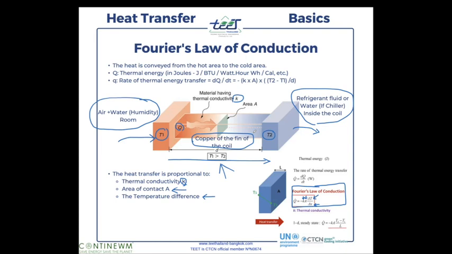If the distance is big, if you have a very thick wall, if you have a wall of your house, for example, that is like 1 meter wide, it will take more time for the heat to come inside your home than if it is just like a 10 centimeter wide brick wall. So that is all simple things that are expressed with the Fourier's law, but it's good to have in mind that it is proportional specifically to the thermal conductivity, which is good because we are working with water, with continuum, and the contact area, which is good because we increase the contact area.